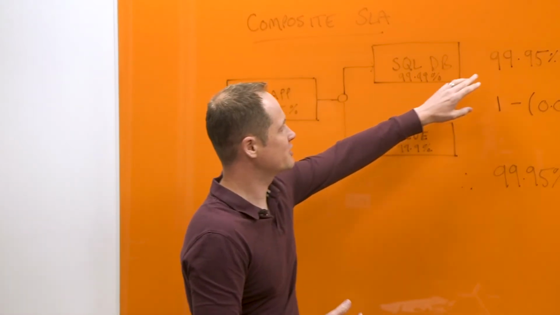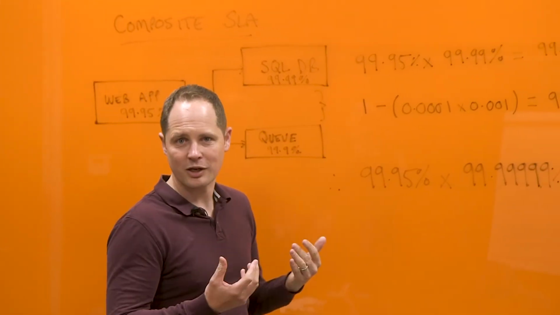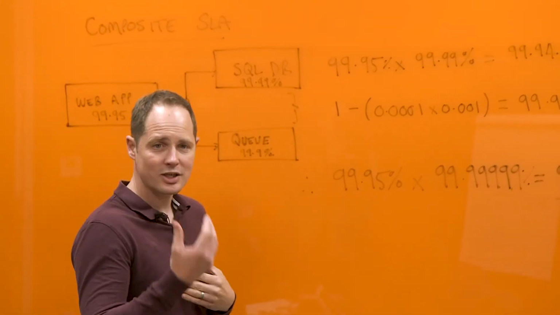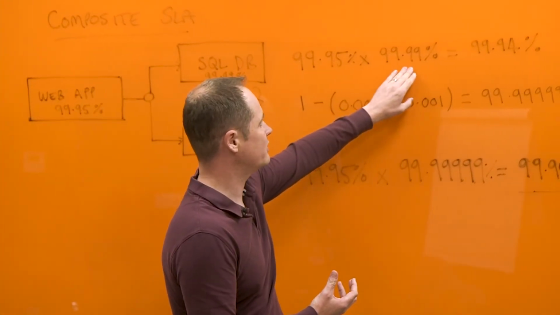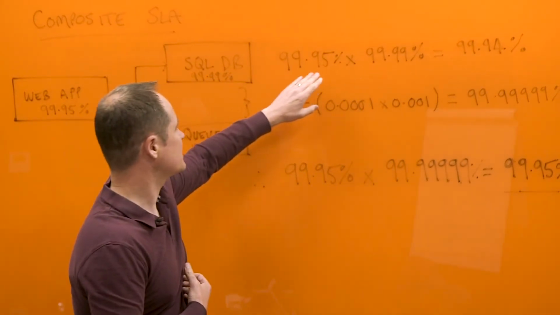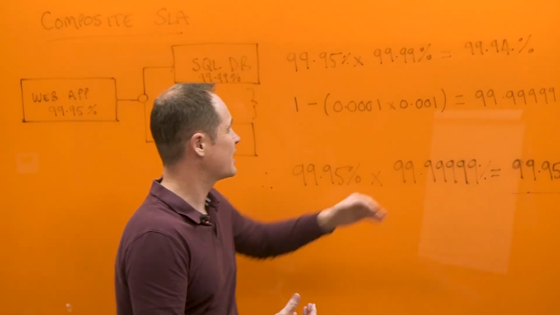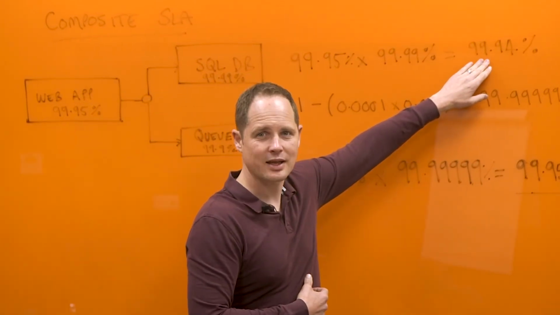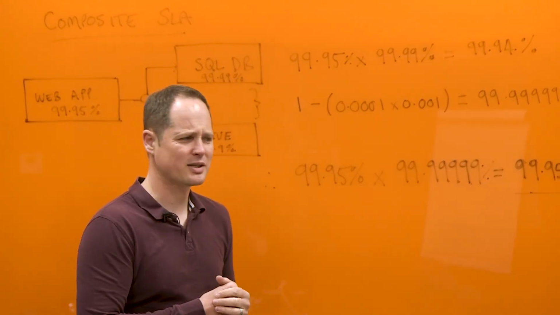Because each of those has an independent failure rate and SLA, when you're trying to create a solution SLA, or a composite SLA, you have to multiply those availabilities together to get an overall SLA for the solution. So you can see the combination of failure rates of those two services actually gives a composite SLA of 99.94%. So it might be lower than you originally expected.